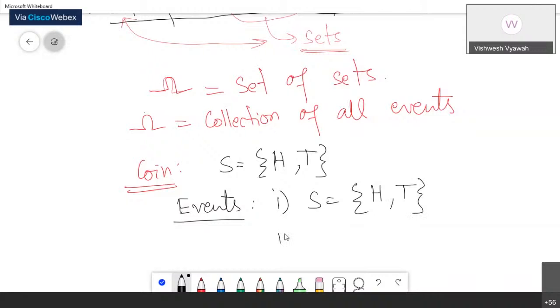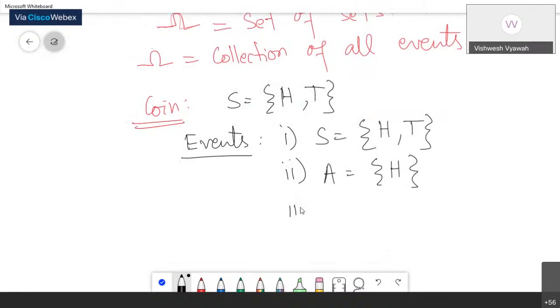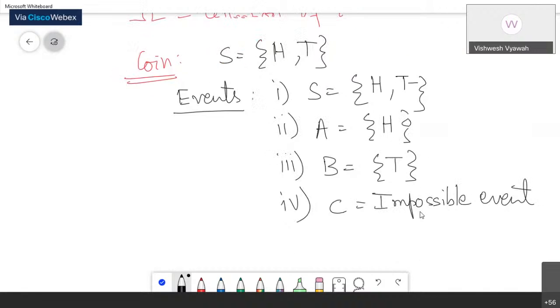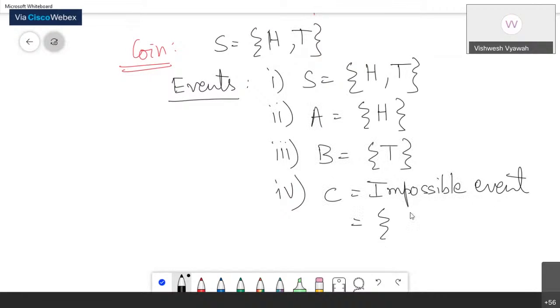What is another event? I'll write it as A: only heads appearing. What is the third event? I will call it B, which is only T appearing. And there is also a fourth event which we have to consider, C. It is nothing but an impossible event. As per set theory, this is denoted by a set which does not have any element, so it is known as a null set.